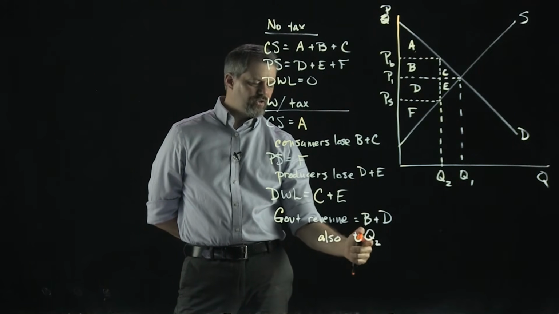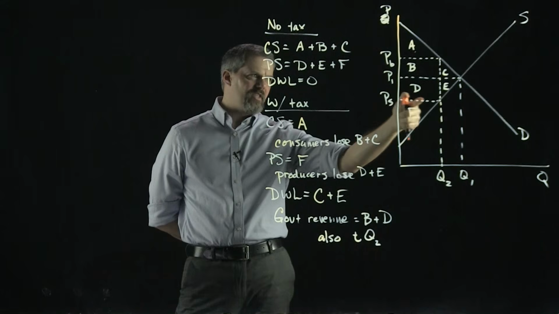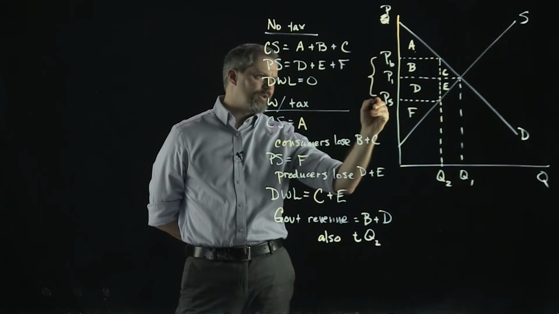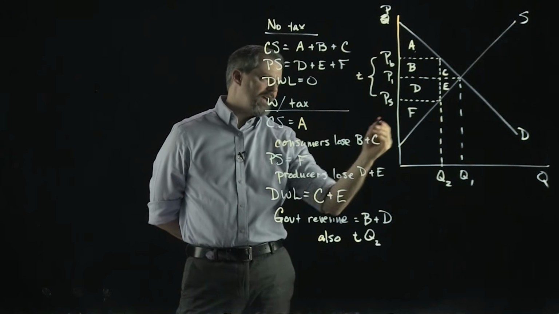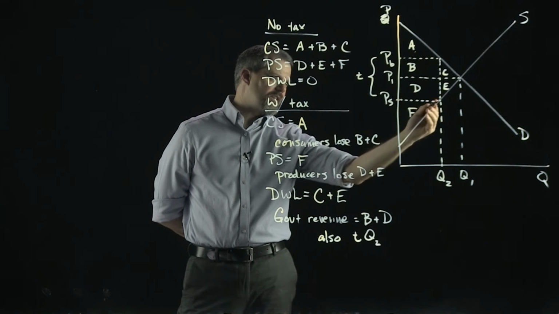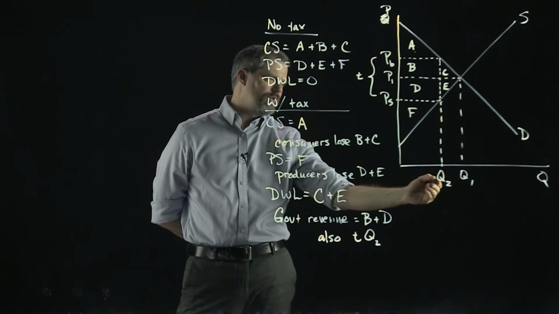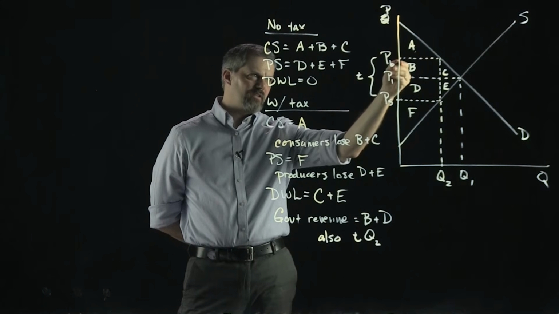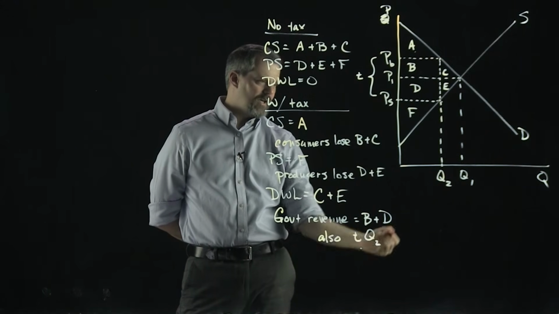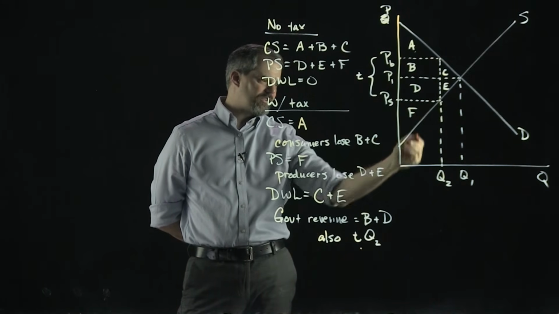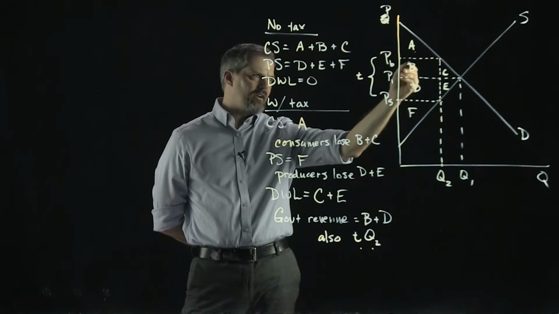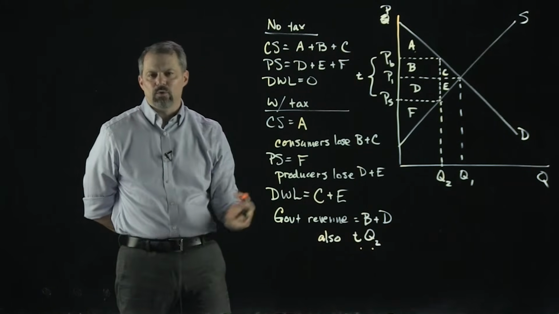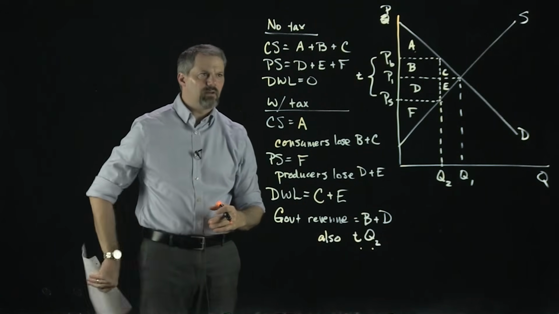Notice that T times Q2 is also equal to the area of B plus D, because the vertical distance, the distance between the two prices, is T, and this horizontal distance from right here out to there is Q2. And it's a rectangle, so we don't have to divide by 2. So if you take the vertical distance of T and multiply it times the horizontal distance of Q2, you're getting the area of that rectangle. So both of these are completely equivalent ways of calculating the amount of government revenue.